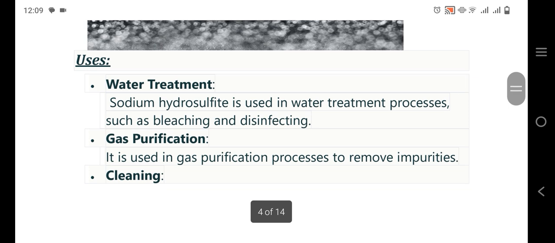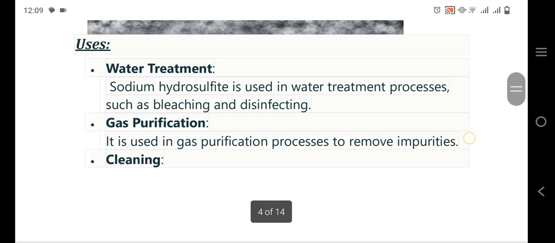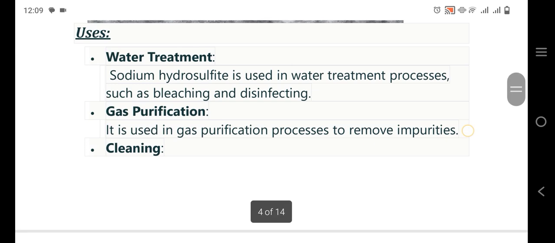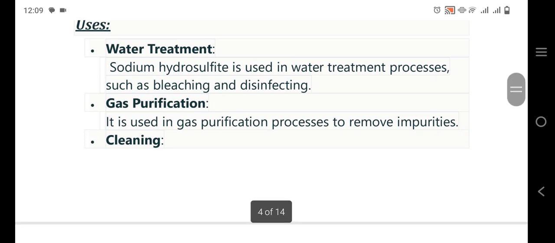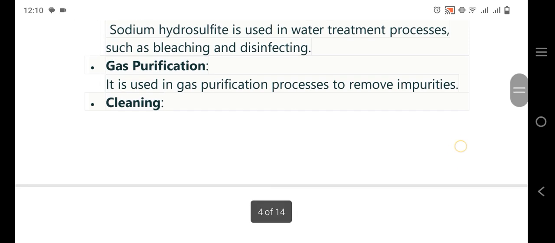Now we are going to discuss the uses of sodium hydrosulfide. How sodium hydrosulfide is used in water treatment. Sodium hydrosulfide is used in water treatment processes such as bleaching and disinfecting. The second one is gas purification.